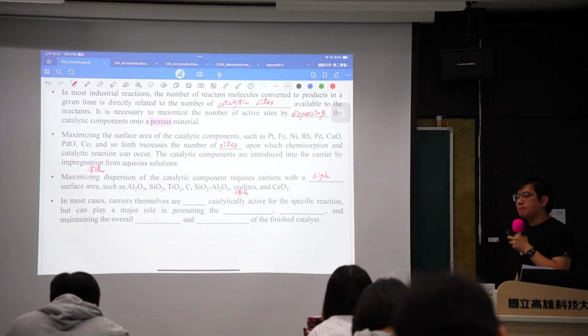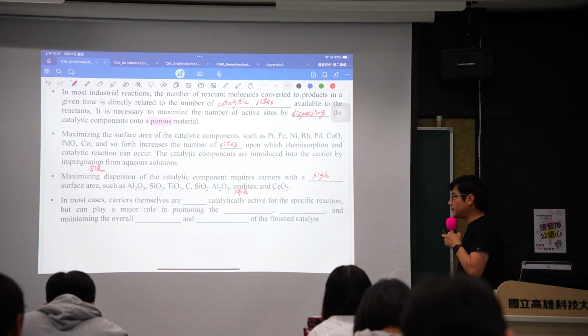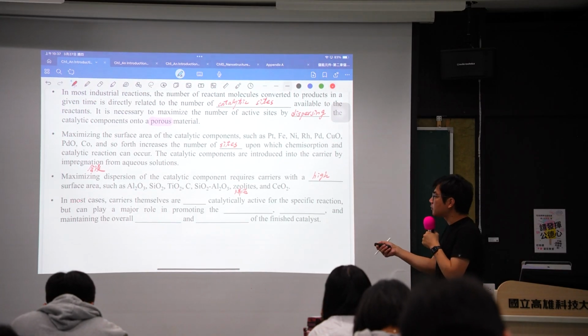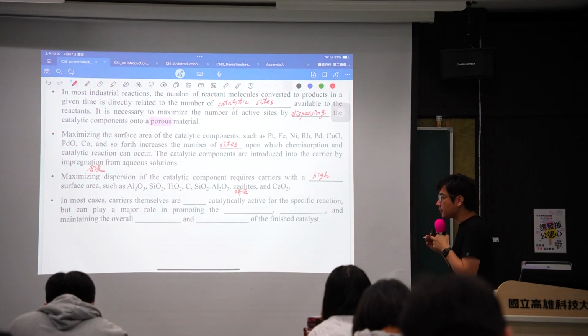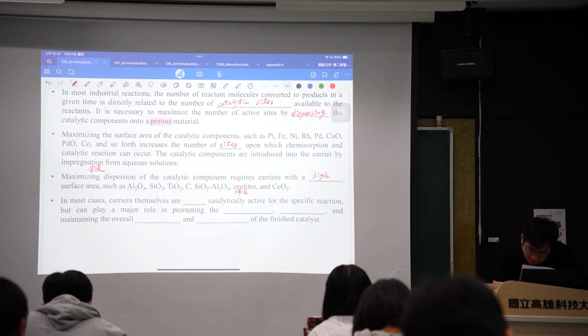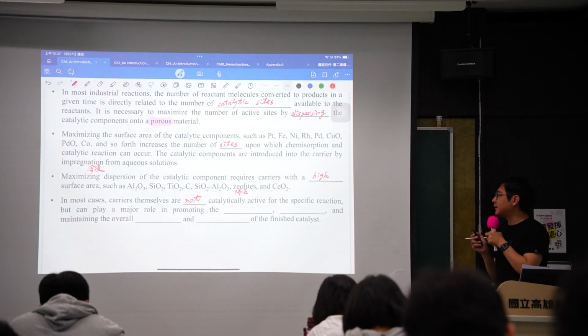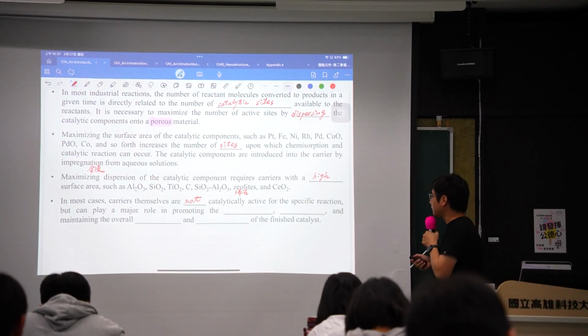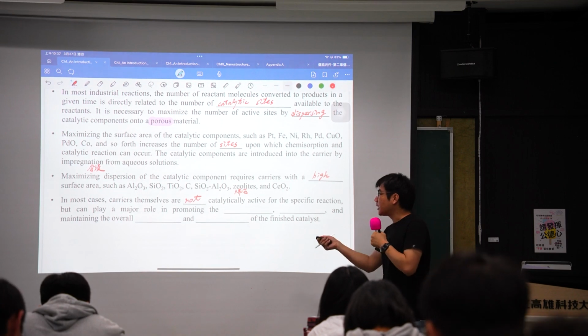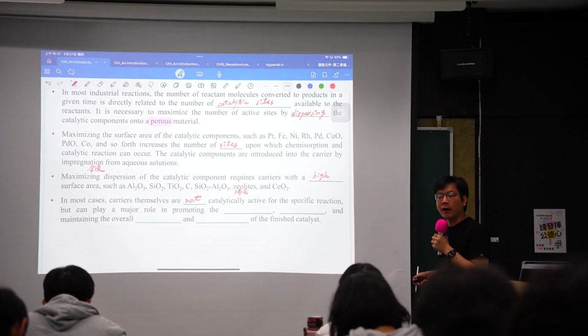Okay, so in most cases, common sense, in most cases, carriers themselves are not catalytically active or specific. In most cases, but some are.